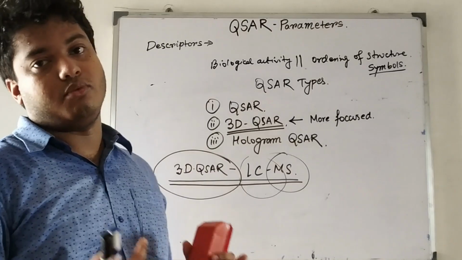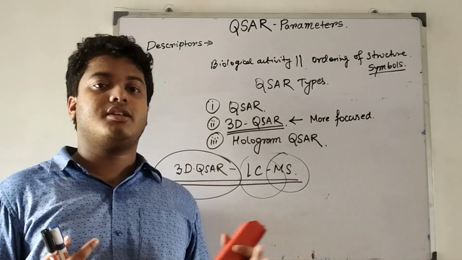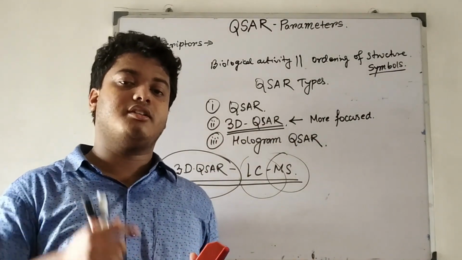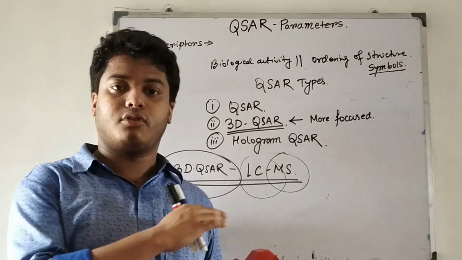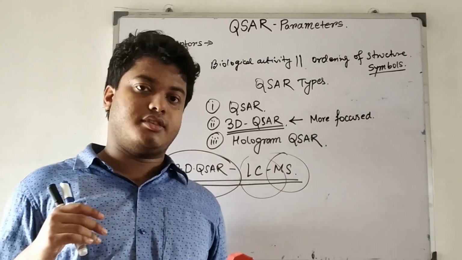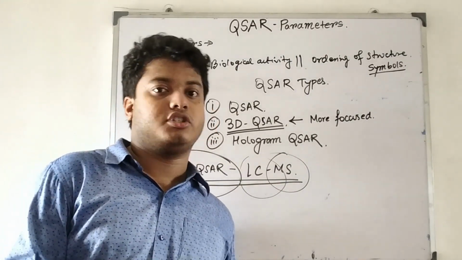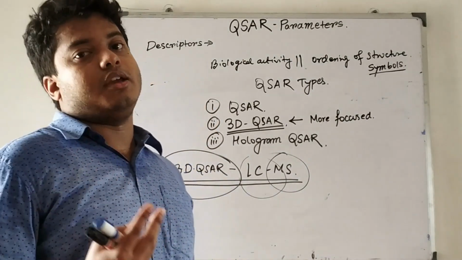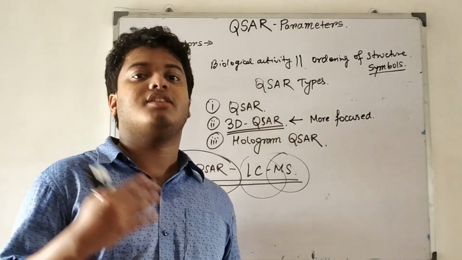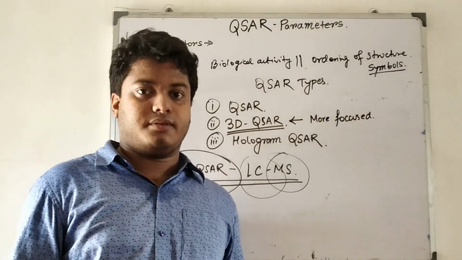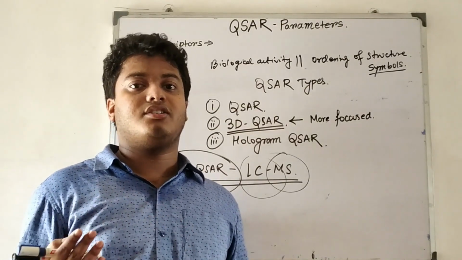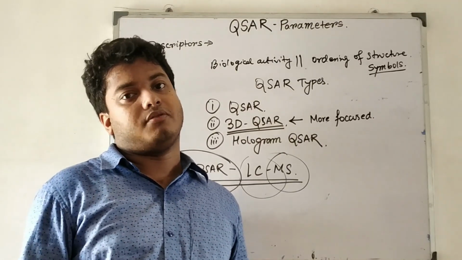What happens when a drug interacts with its receptor is that it displaces the water molecules that form a layer over the receptor, and that disrupting of the ordered structure of water molecules brings about a change in the Gibbs energy, and that change in the Gibbs energy is proportional to the structure of the receptor.